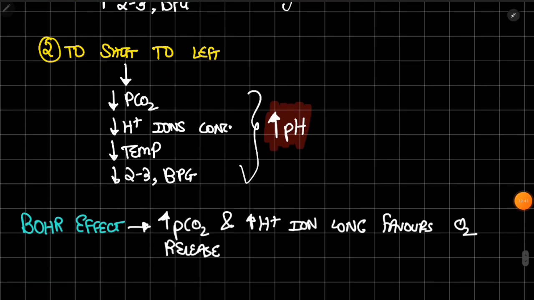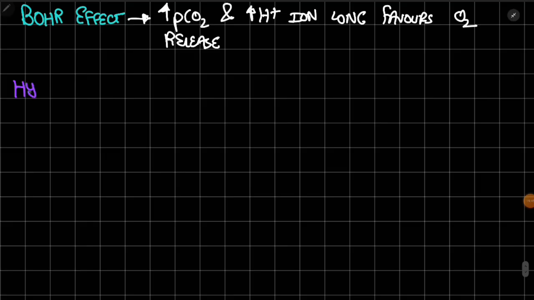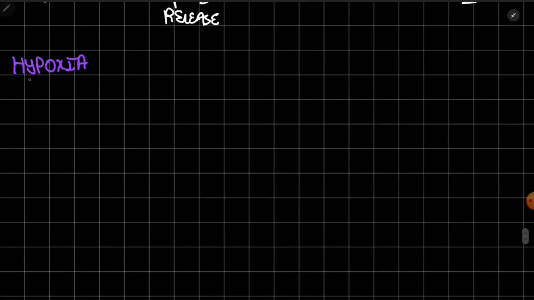Now one applied part of oxygen transport I would like to mention is hypoxia. There are 4 types of hypoxia. The first is hypoxic hypoxia, and I call it true hypoxia.